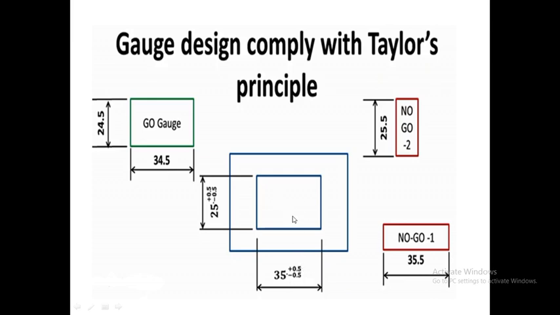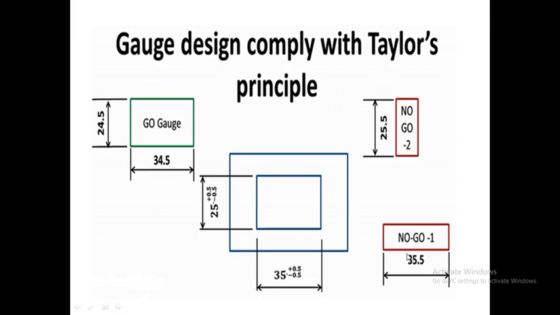So for minimum material condition, the maximum sizes will be: first, the length 35 plus 0.5, that is 35.5, and the second 25 plus 0.5, that is 25.5. So we will manufacture two no-go gauges, no-go 1 gauge and no-go 2 gauge, with dimensions 35.5 and 25.5.